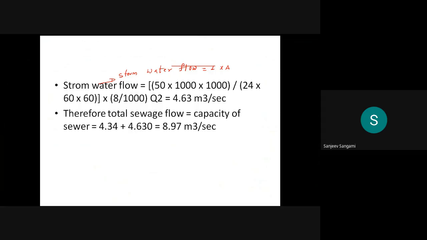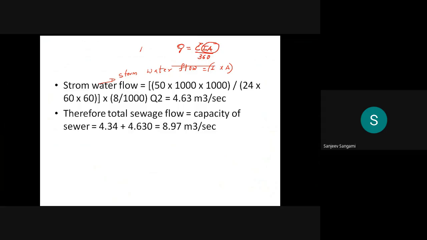It is a very simple equation, because till now we have used the rational method as well as the empirical formulas, but he has not given any equations to find the c value, because we have Q is equal to c I A divided by 360. Here he has not given the c value. You're not supposed to assume it also. So we have to consider only these two now.